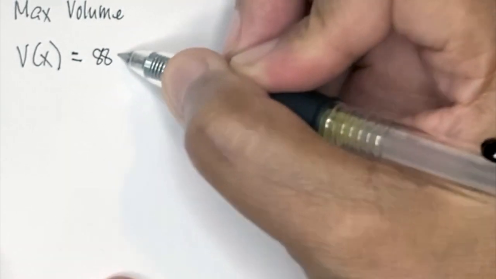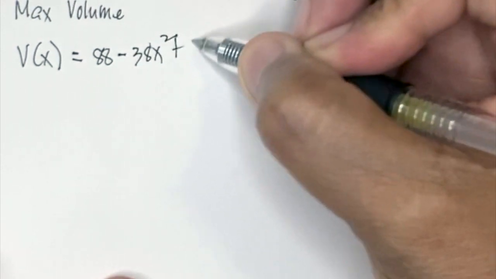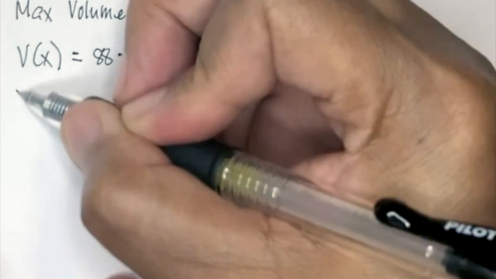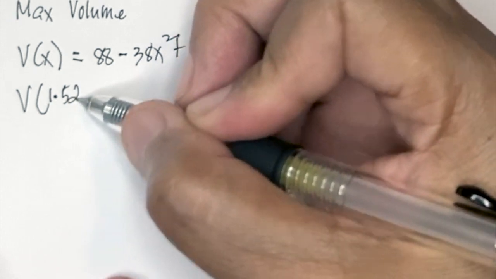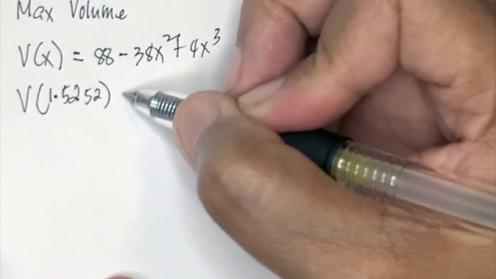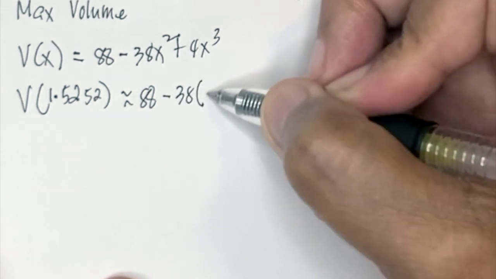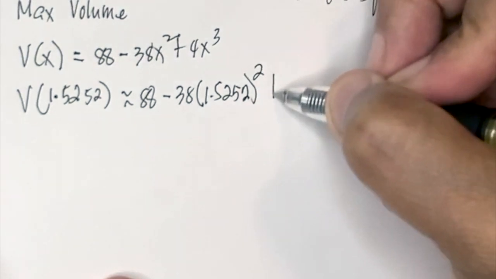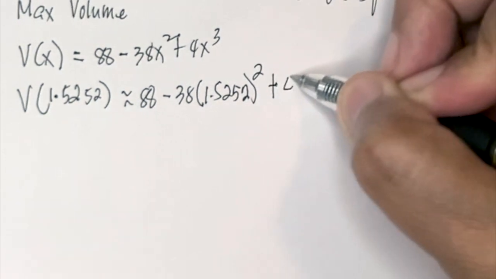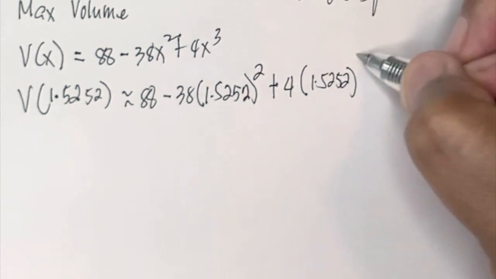Now let's find the maximum volume of our open top box using the algebraic method by simply substituting the X that we obtained beforehand into the original V of x. So it will be 88 minus 38 times the value of X squared plus 4 times the value of X cubed.